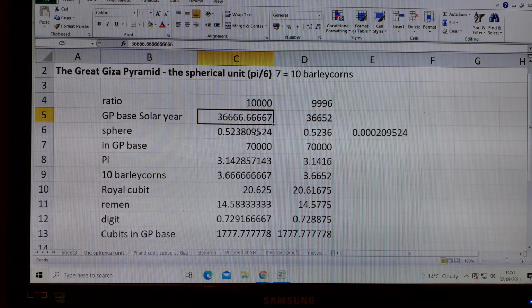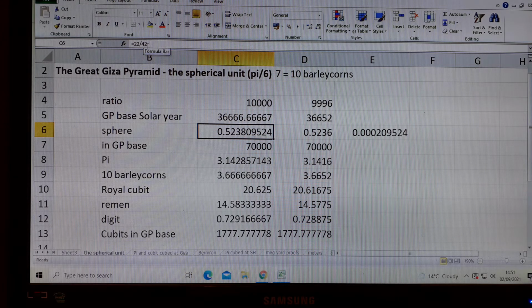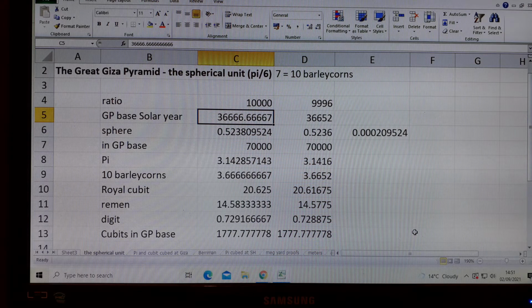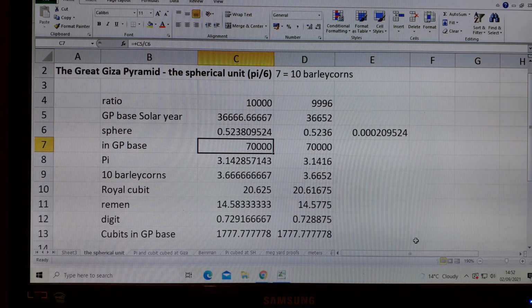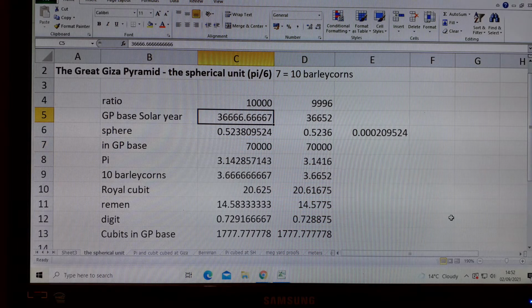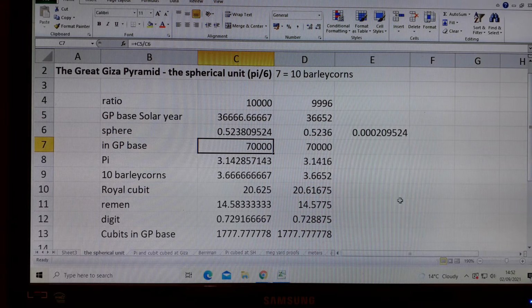Now this spherical unit is 22 divided by 42. And in the GP base, when it's this number of inches, there are 70,000 of these units in the GP base, which is not what anybody would expect. But there's no denying this. This is what's happened.